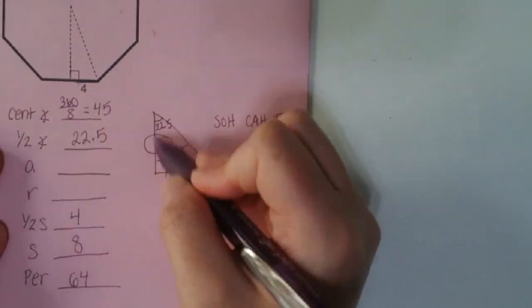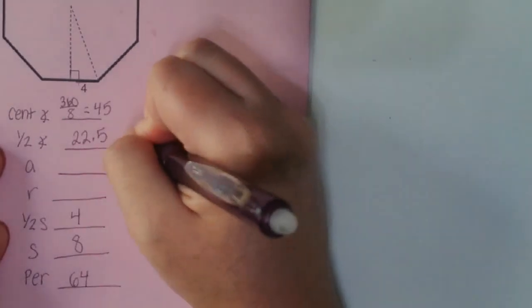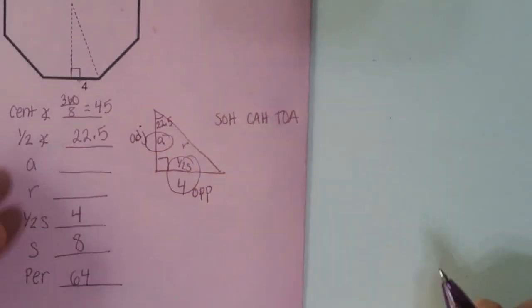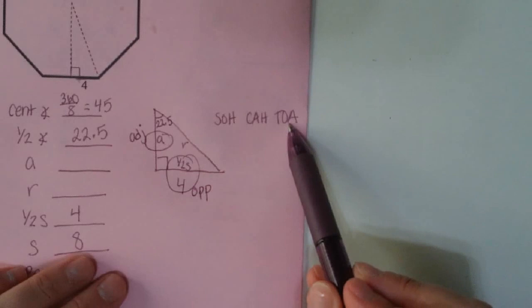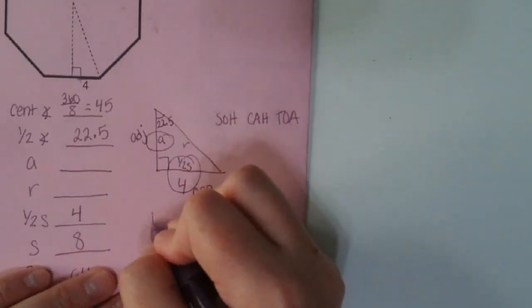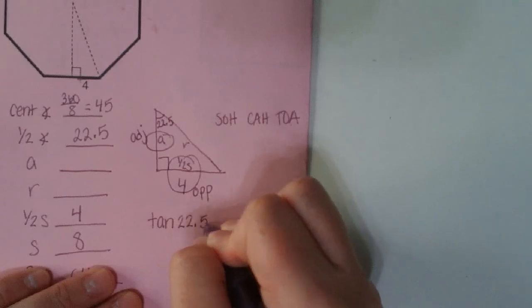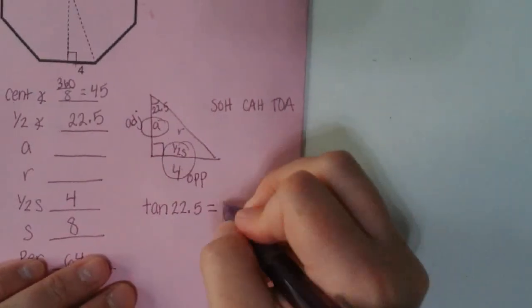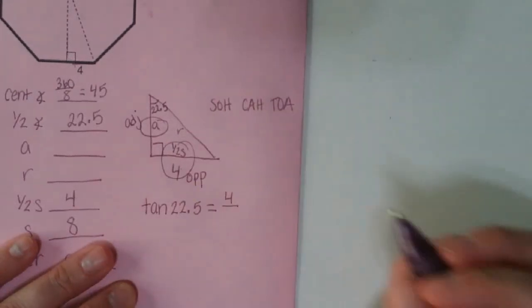Well, this side is the adjacent side to the angle, where this is the opposite side. So which one uses adjacent and opposite? Well, that is tan. So we're going to say tan of 22.5 is equal to the opposite, well, 4 is the opposite, over adjacent, which is what we're trying to find.